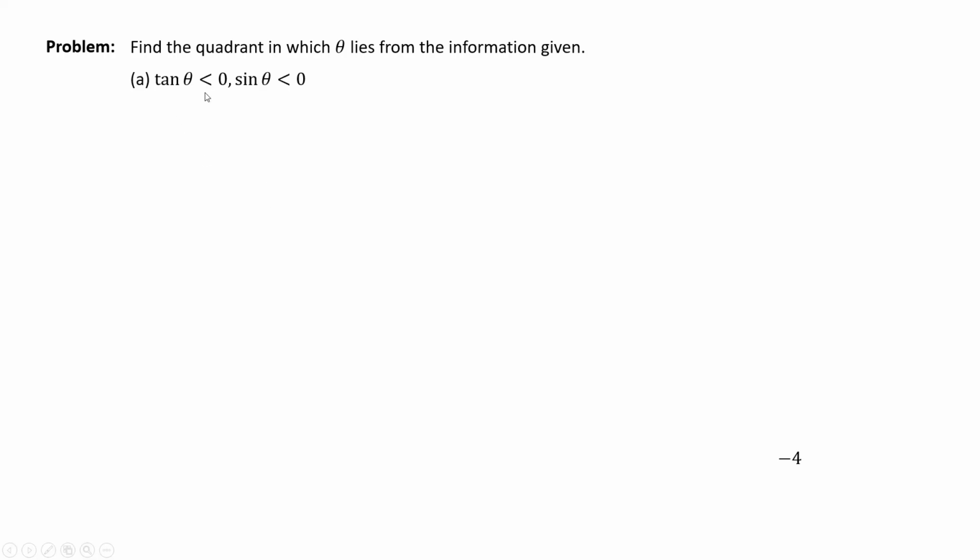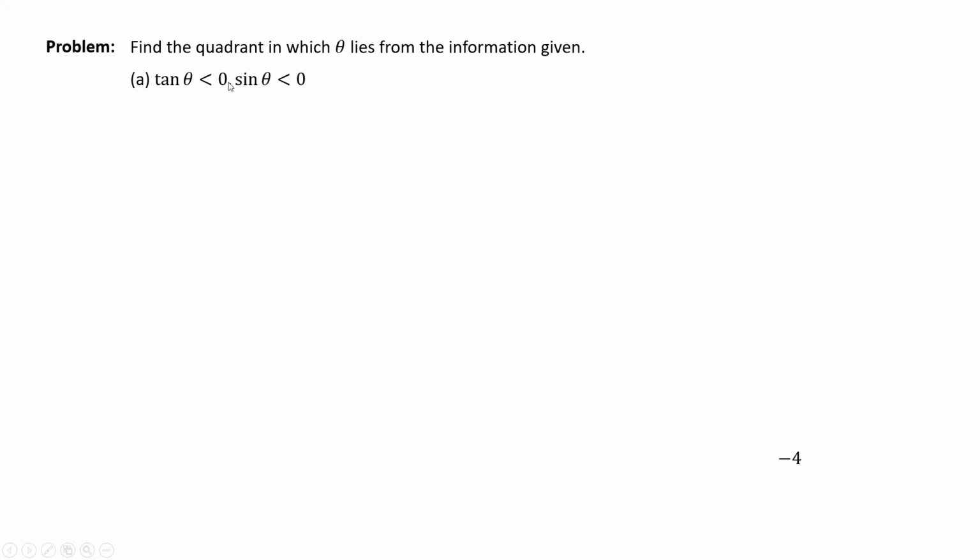The way I deal with these things is, the moment I see that tangent is negative, where does that happen? Well, not the first quadrant. In the first quadrant, everything is positive. The third quadrant is where tangent is positive. So not first, not third. That leaves us with second and fourth. So tangent is negative in the second and fourth quadrants.